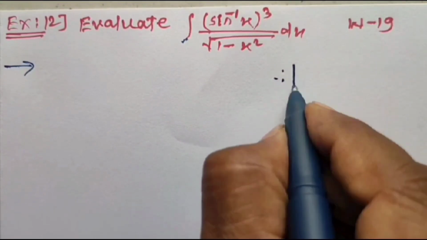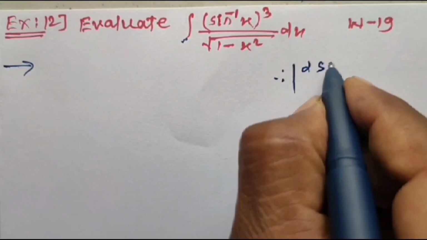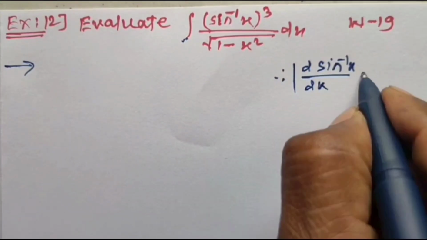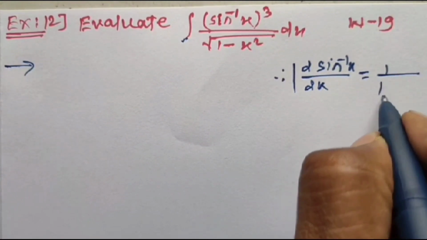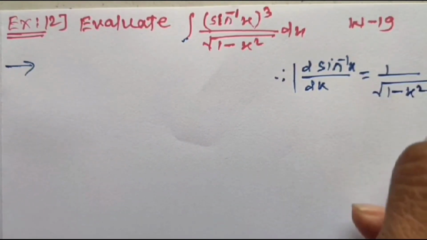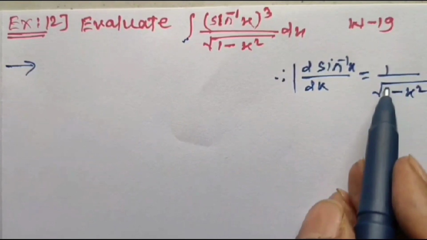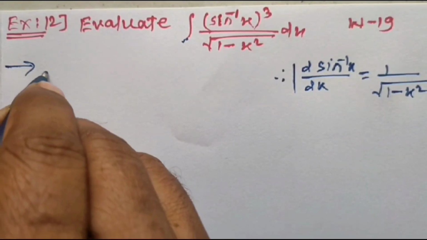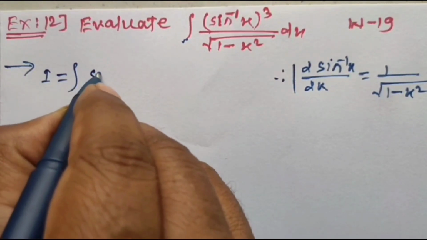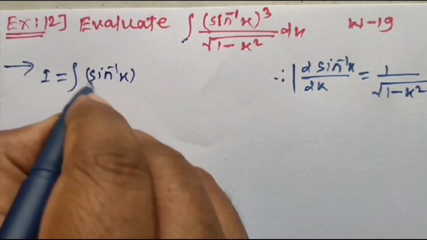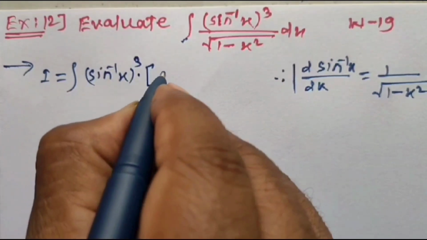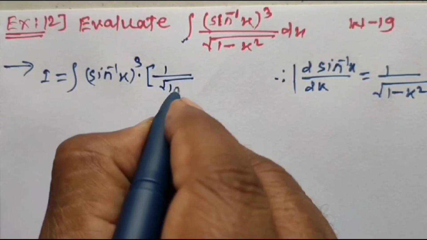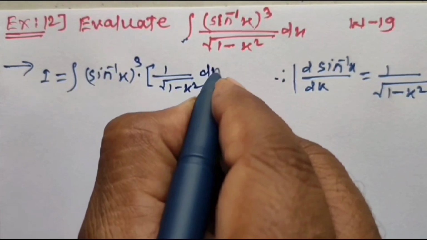Since we know the derivative of sin inverse x with respect to x is equal to 1 upon square root of 1 minus x square, we have to club 1 upon square root of 1 minus x square with dx. Hence I is equal to the integral of sin inverse x whole cube, in second bracket 1 upon square root of 1 minus x square dx.